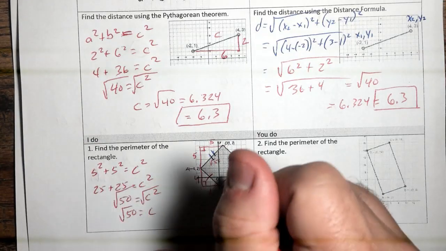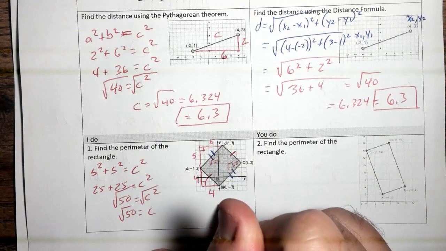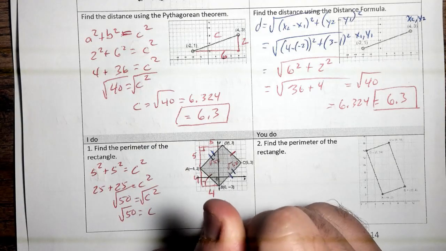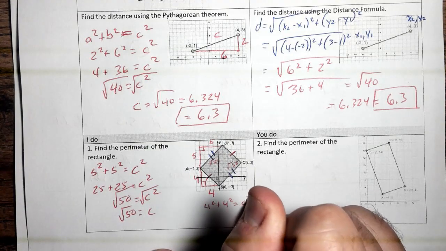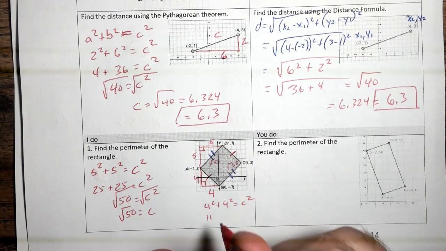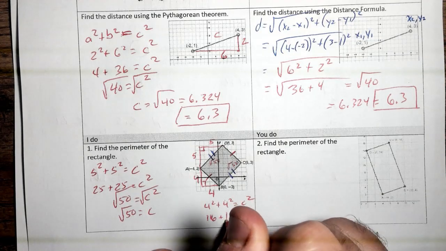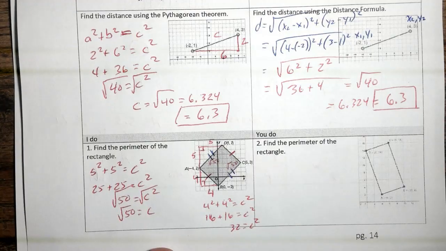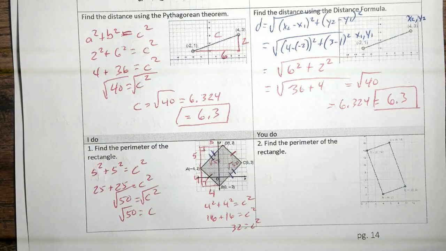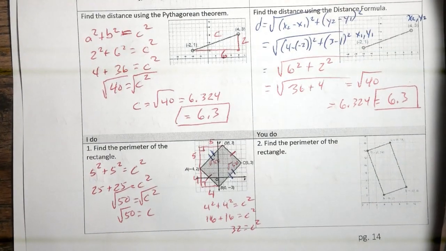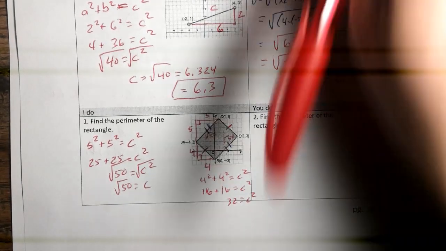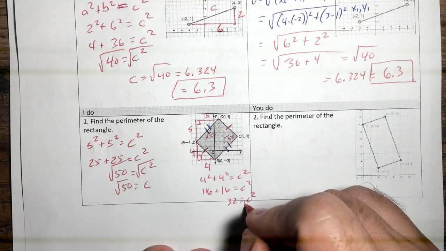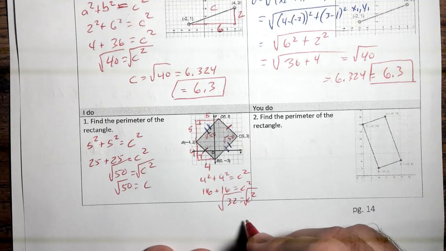So a squared, b squared. We're looking for c again. So this time, 4 squared plus 4 squared equals c squared. 4 squared is 16. 4 squared is 16. 16 plus 16 is 32. Adjust this just a second because I'm going to go below the line. Alright, we're going to take the square root of c squared, square root of 32.